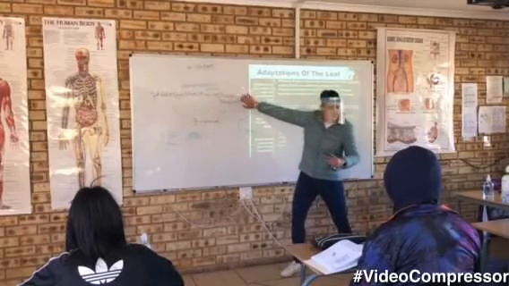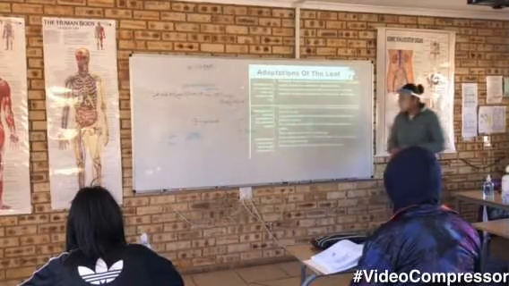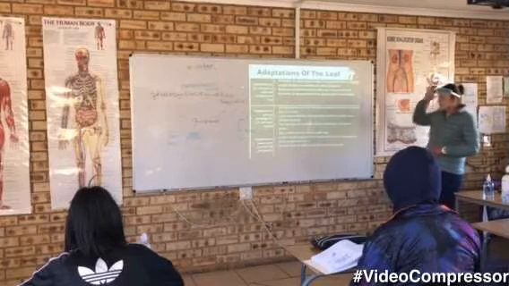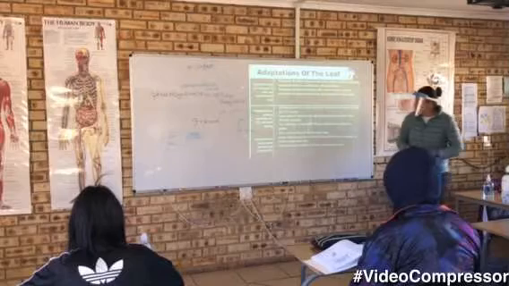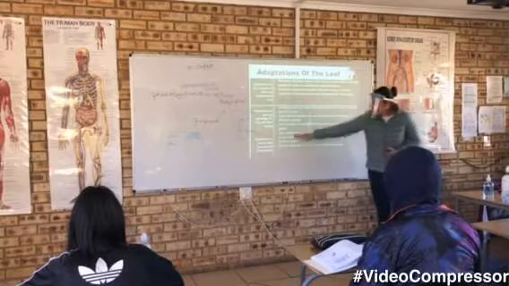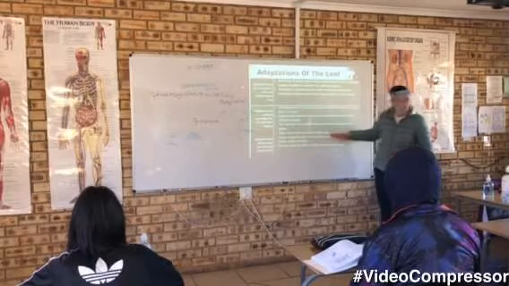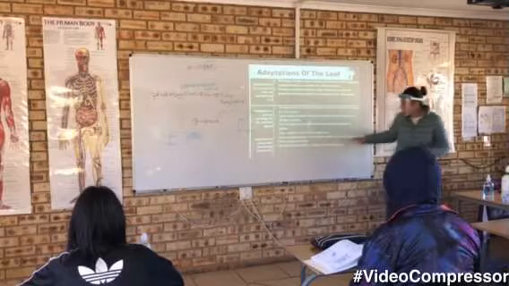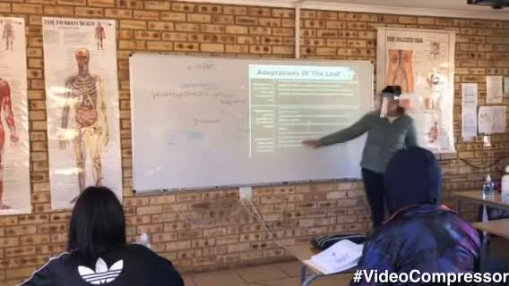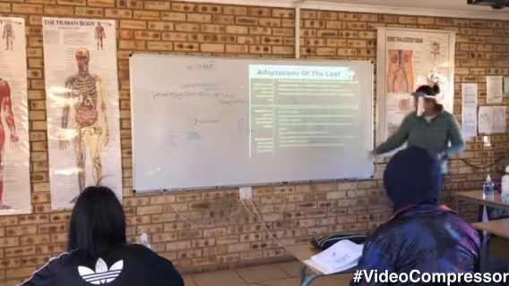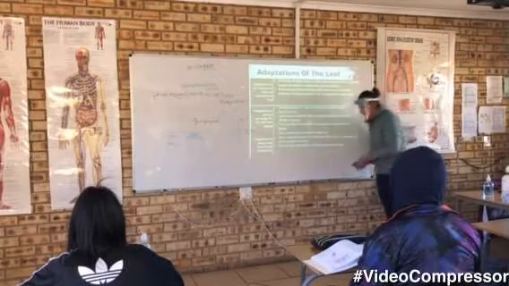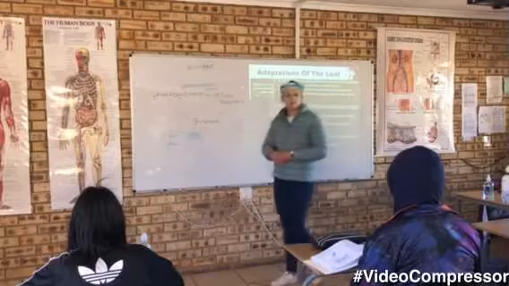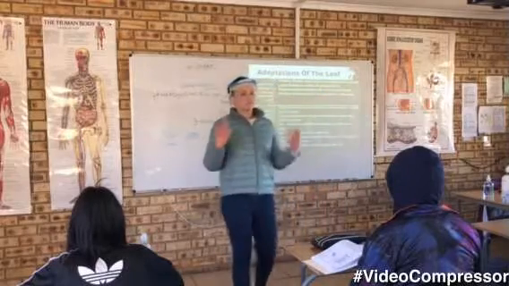Large spaces between the spongy mesophyll tissue permit rapid diffusion of gases. Thin cell walls of mesophyll tissue permit easy diffusion of the gases. And then we have a waxy cuticle to prevent excessive water loss. There are fewer stomata on the dorsal side that is exposed to direct sunlight. And the stomata have the ability to close to reduce water loss. And that, grade 10, is the internal and the external structure of the leaf, as well as how the leaf is adapted for photosynthesis.